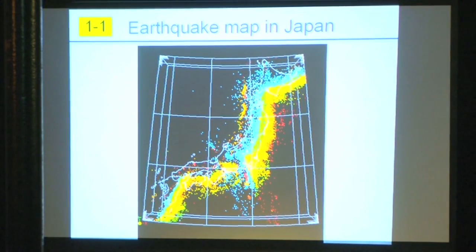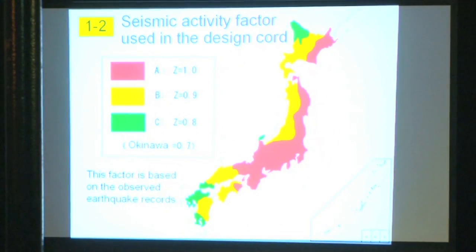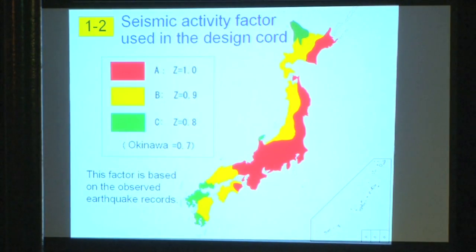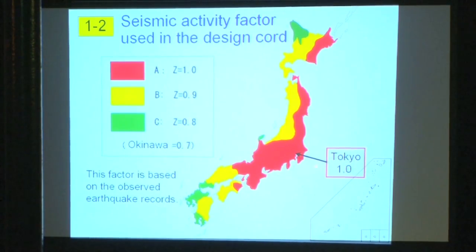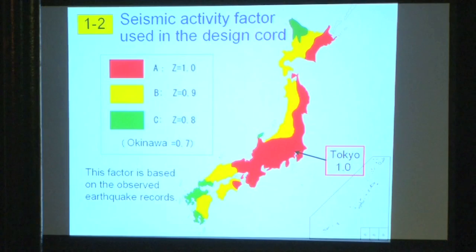This is an earthquake map in Japan. You can see many epicenters located on the ocean side of the Japan islands. We use the seismic activity factor in seismic design. And the severest active zone, in color red, includes Tokyo, located on the ocean side.